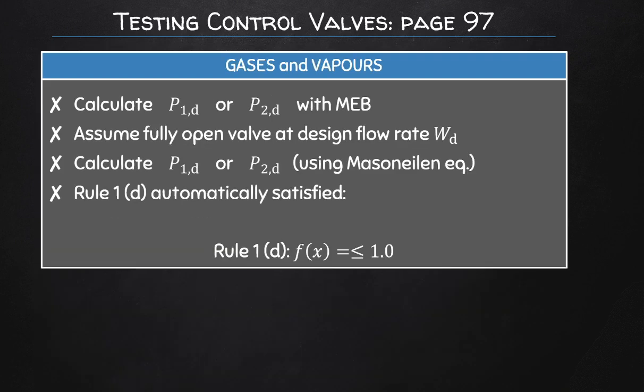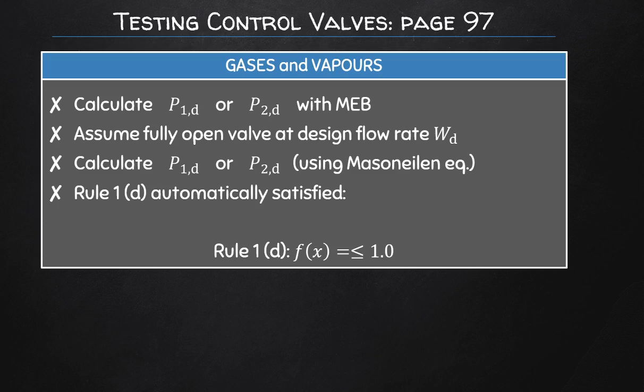For gases and vapors, you can determine either the upstream or downstream pressures. Remember that there's going to be quite a big pressure drop depending on the system requirements. Okay, and then use the mechanical energy balance again to determine the other variables.